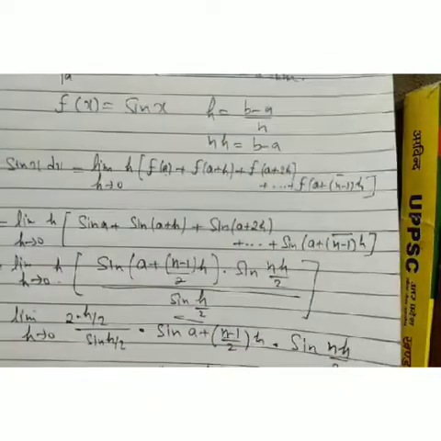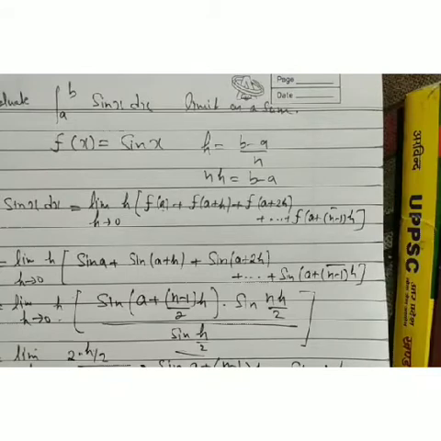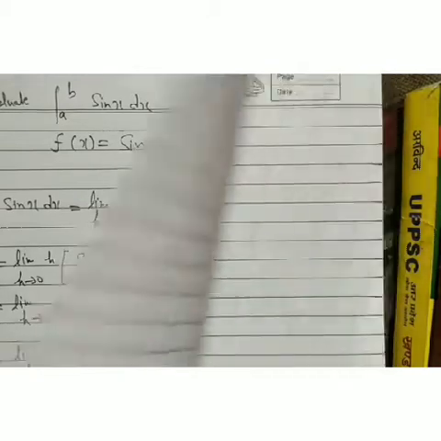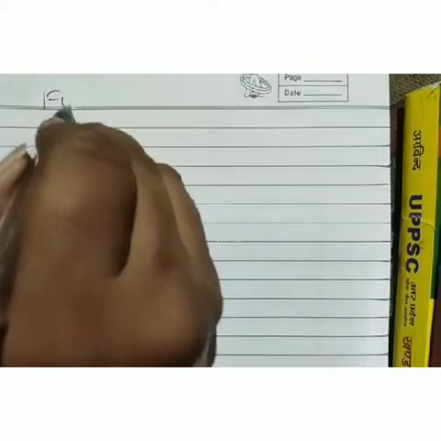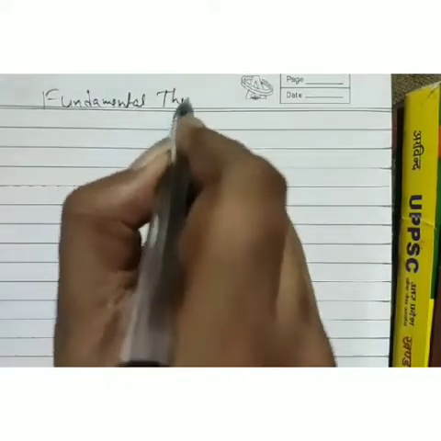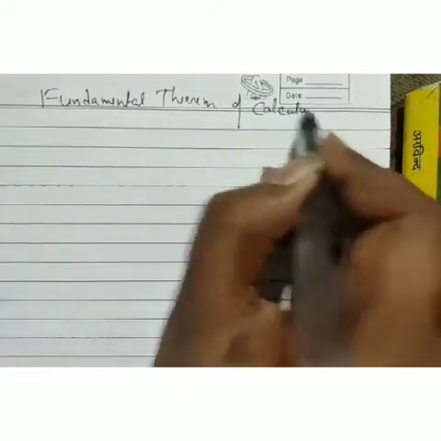Now look, we have discussed 2 problems of limit as a sum there. I already told you in the starting of my video, after that we are going to discuss our 2 basic integral calculus theorems there. Now look, what are the fundamental theorems of integration there? Now we are going to discuss the fundamental theorem of calculus.